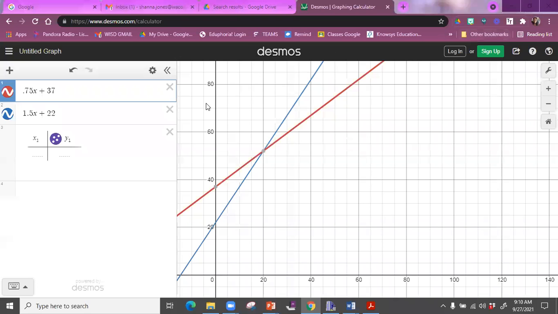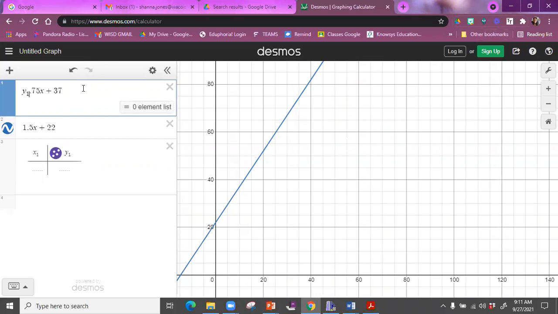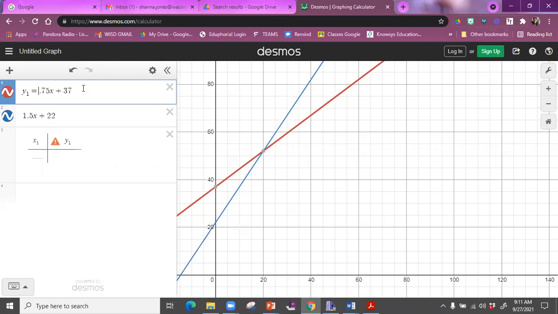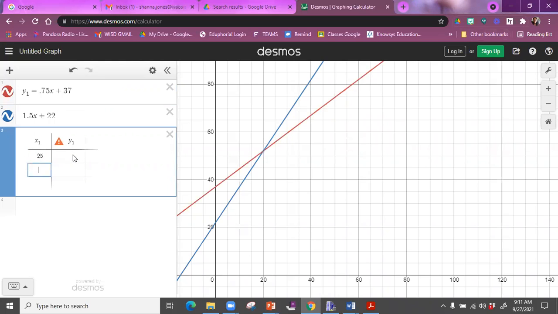All right, so if you notice, we don't have a table like we would normally have. I hope I do this right. I'm always trying to remember how to do it exactly.